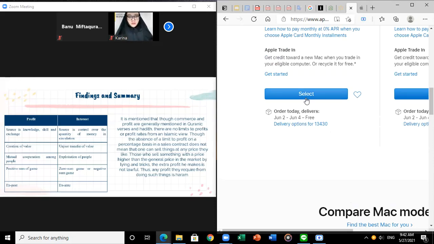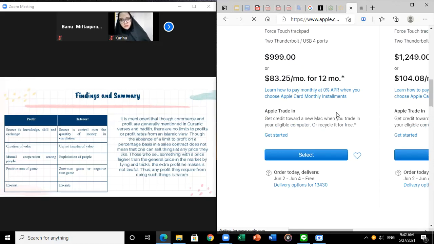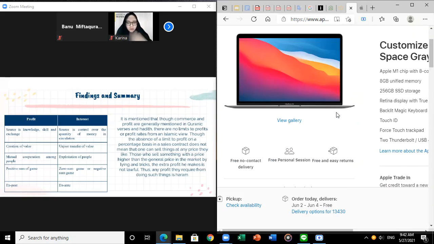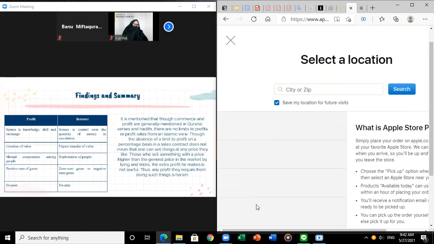Those who sell something at a price higher than the general price in the market by lying and tricks, the extra profit they make is not lawful. Thus, any profit they acquire from doing such things is haram.